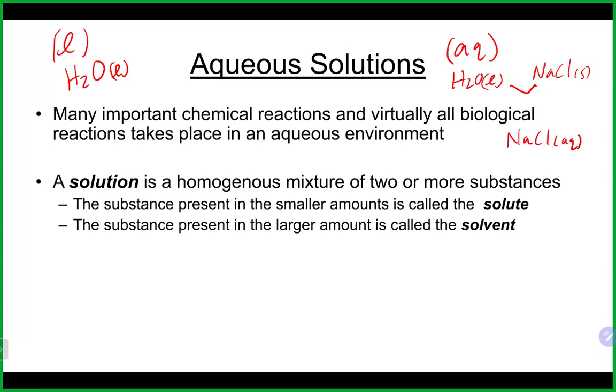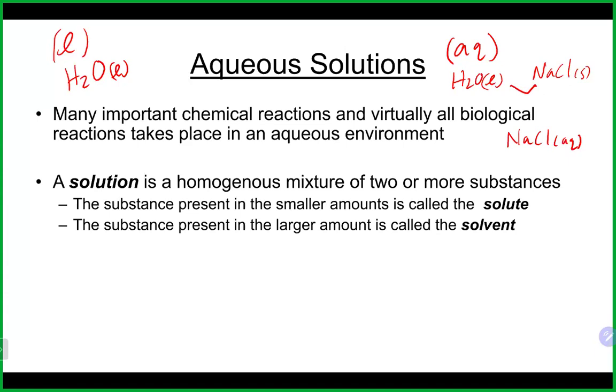It's actually made up of 2 things. It's made up of water and the sodium chloride, which is a mixture, right? 2 or more substances together. So a solution is actually made up of 2 or more substances.